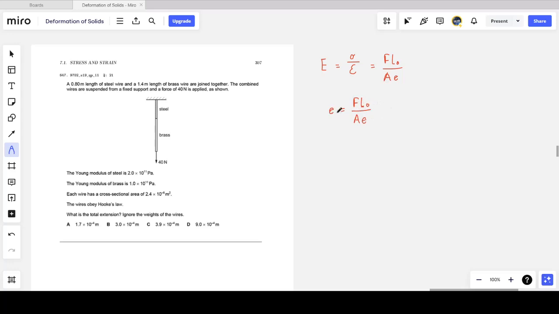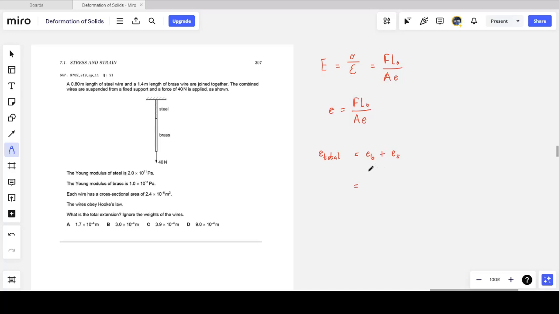Each wire has the same cross-sectional area, which makes our life a little easier. And the total extension is going to be the extension of the brass wire plus the extension of the steel wire.